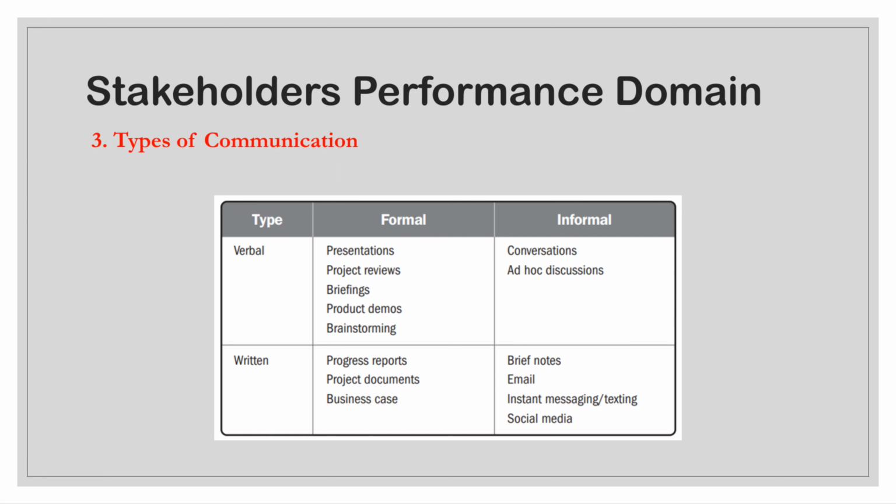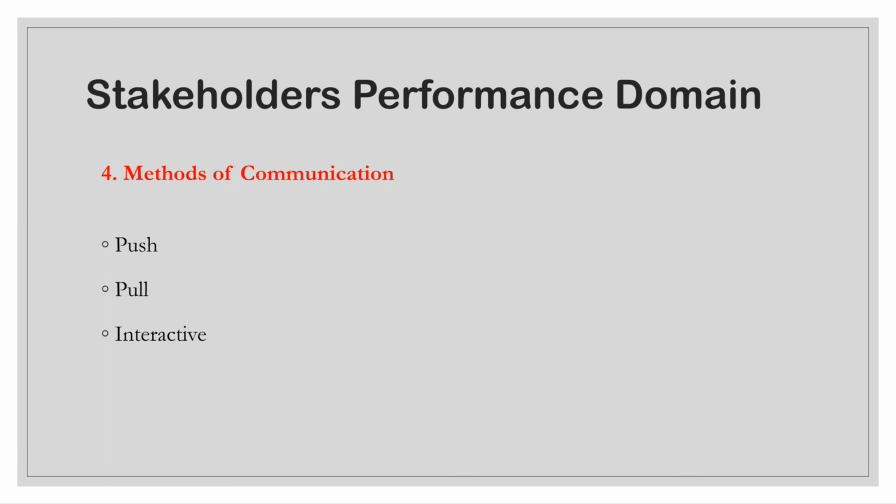The last and important topic in this domain is communication methods. There are three types of communication methods: push, pull, and interactive. Communication sent to stakeholders, such as memos, emails, status reports, voicemail, and so forth, are examples of the push method.